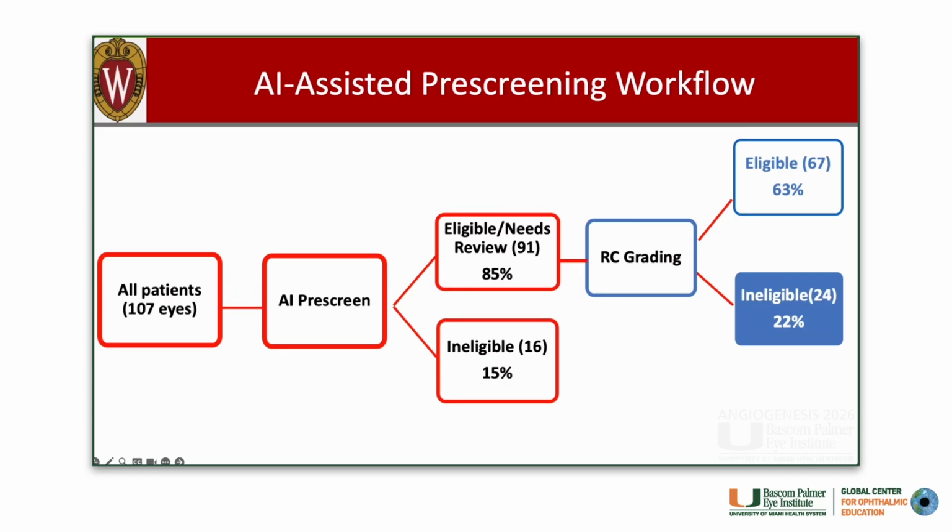And the reading center would either confirm as eligible, 63%, or ineligible. But what's different here are the ineligibles found in the clinic. So this is the value of pre-screening. The ineligibles were 15% of the total.